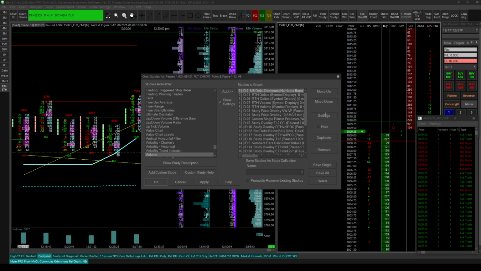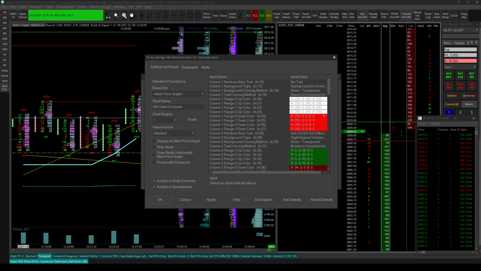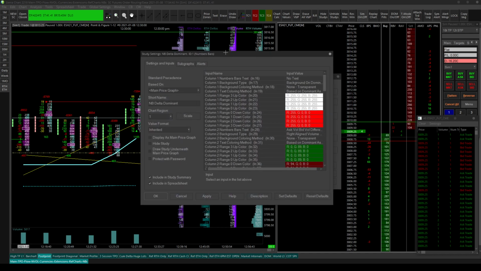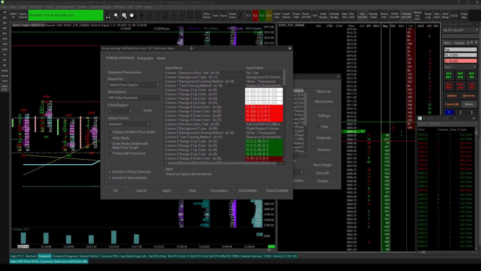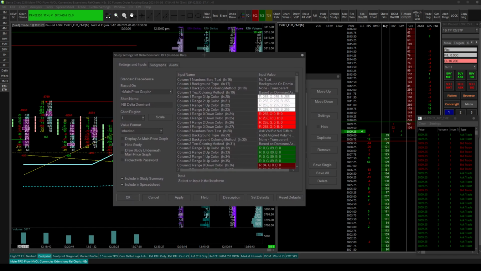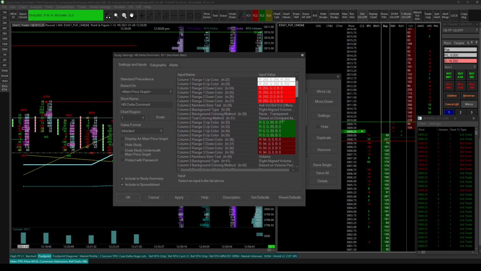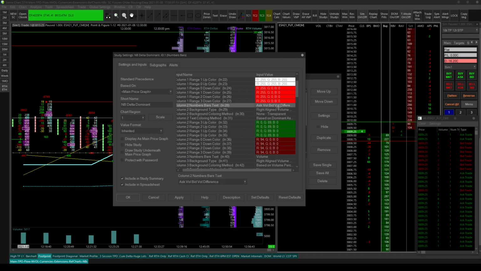I think it's one of the best. Haven't used them all out there, so can't say it's the best, but it's the best I've used so far. So I will just go through. I don't use column 1, okay? I use column 2. So you can go through and look at what I've got.